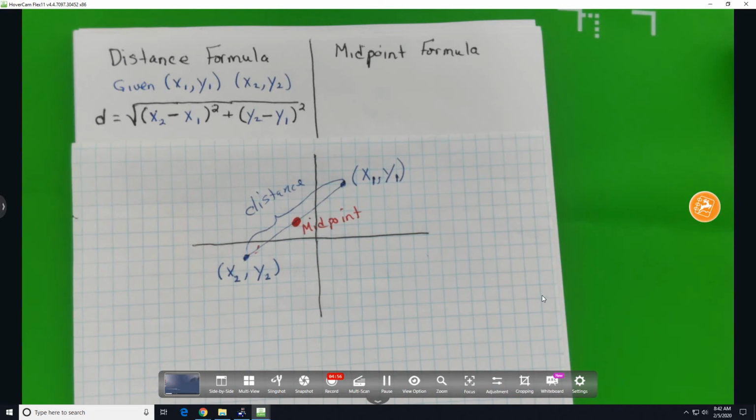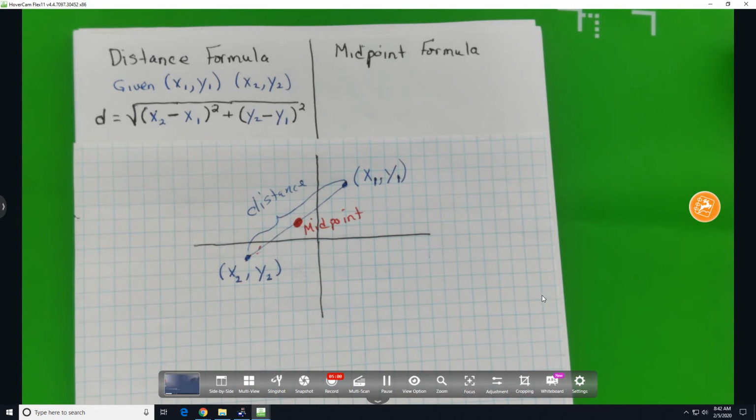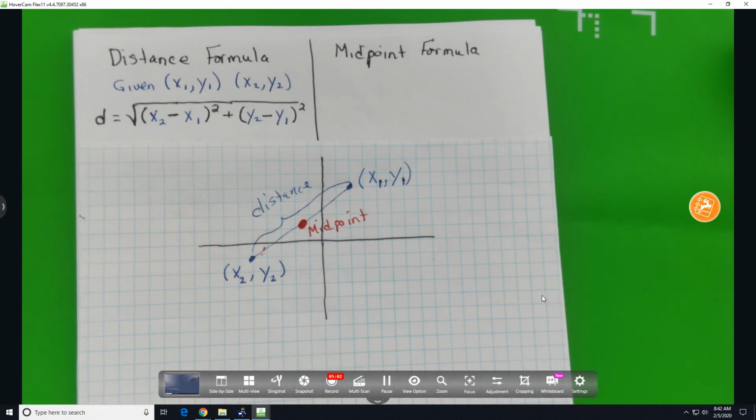Now, the midpoint. If you had 2 numbers and you had to average them, assume I know absolutely nothing, but I know how to add, subtract, and divide. Could y'all tell me how to average two numbers? Add them together and then divide by 2, if there's only two numbers.